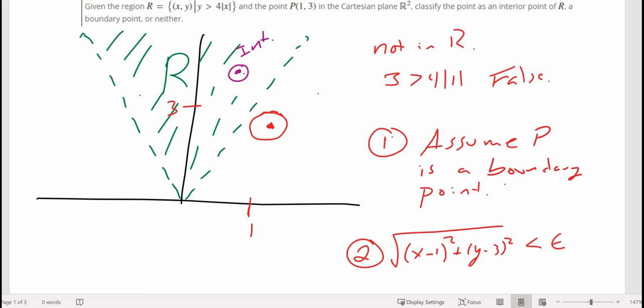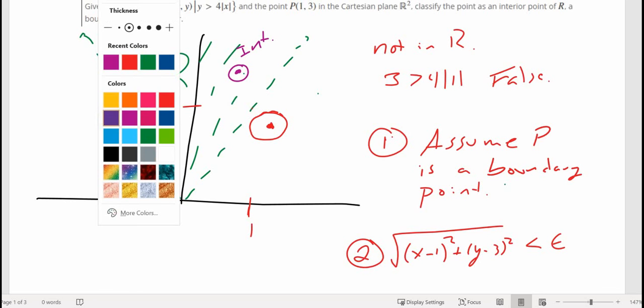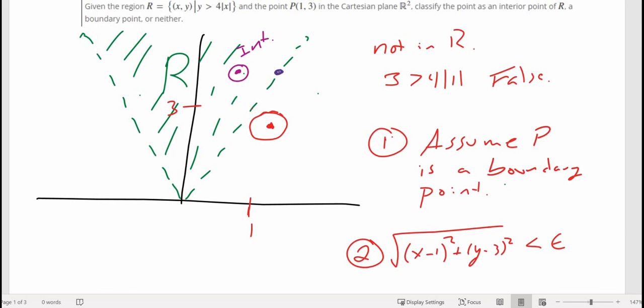A boundary point, which is right on the edge, if you draw any circle, no matter how small, around it, then it's going to have some of it inside and some outside. And if it's neither, then you can draw a circle around it, no matter how small, and find one that does not overlap the region.